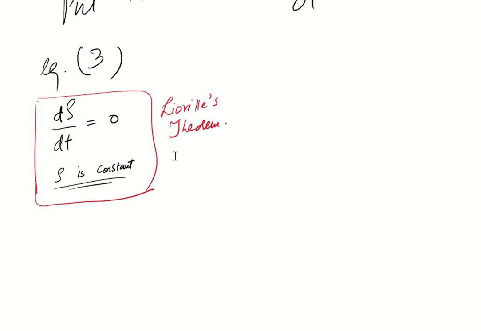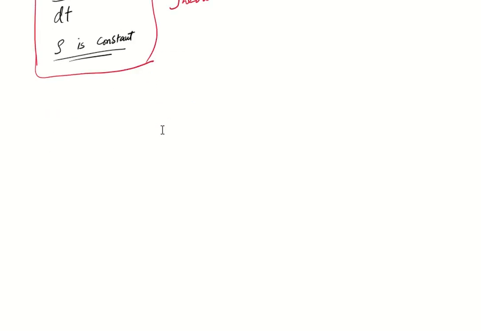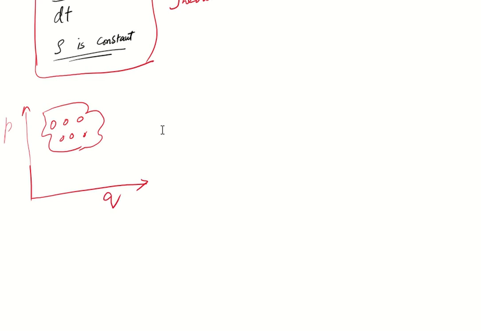So suppose initially we had this set of points in phase space, at time t equal to t1.